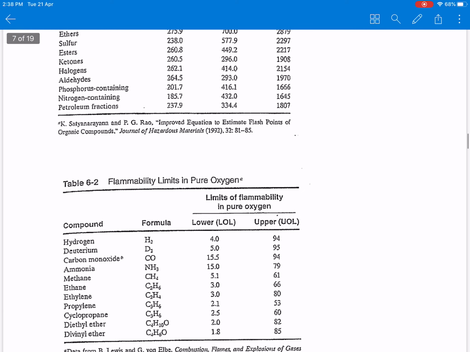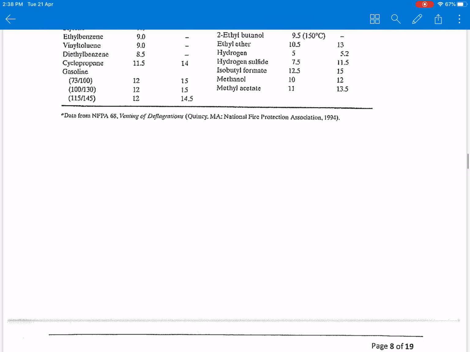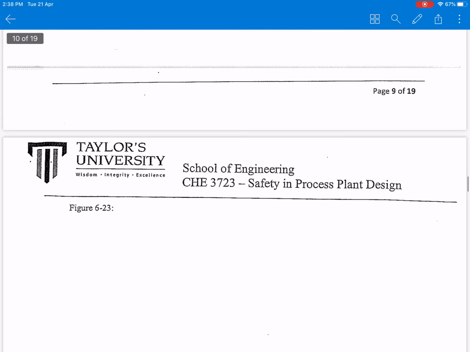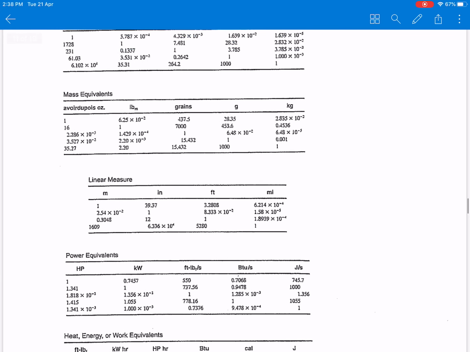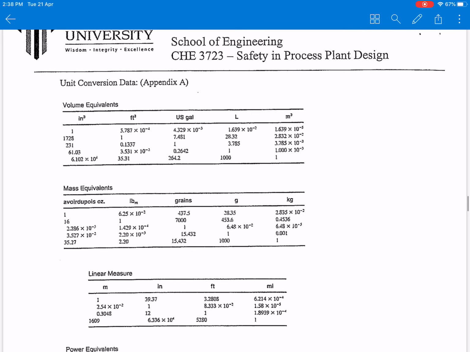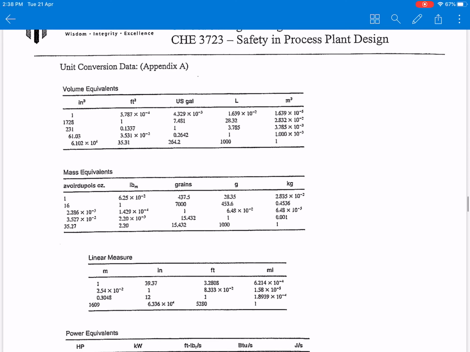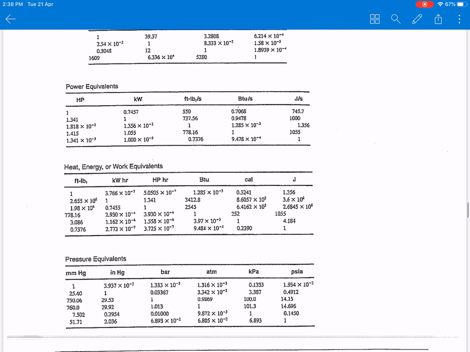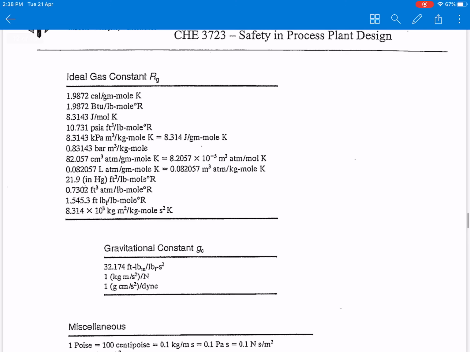We have a lot of data in this booklet. That is why I'm asking you to get yourself familiarized with the data here, so that you know where to get your data. Okay, go down further. And by the way, since we are here, don't worry about conversion, because conversion data are given in terms of volume, linear measurements, pressure, and even the ideal gas constants.